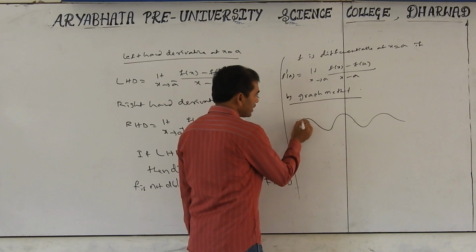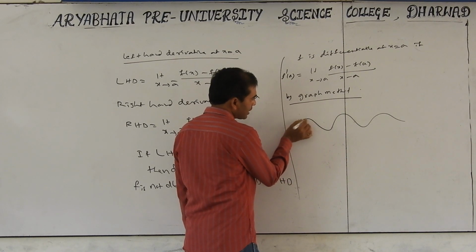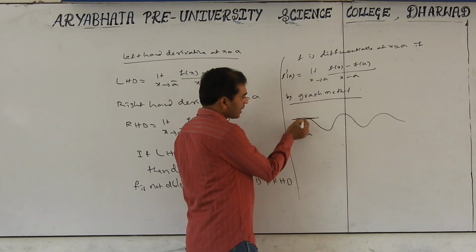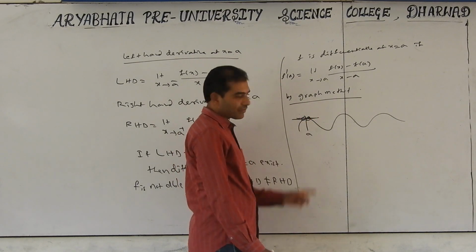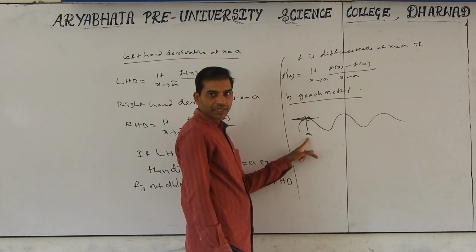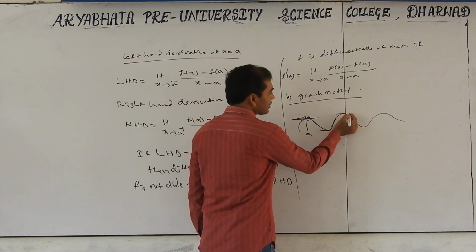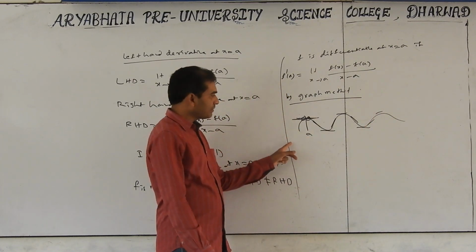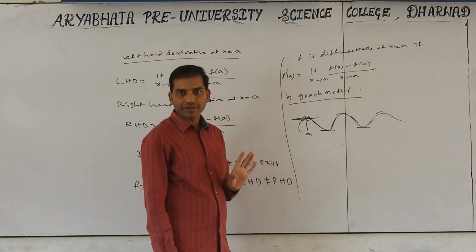No sharp edge. At point A, the tangent on the left and the tangent on the right are the same. Therefore differentiation exists at x equal to A. Everywhere we can draw the tangent at each and every point. If there is no sharp edge, then the function is differentiable.